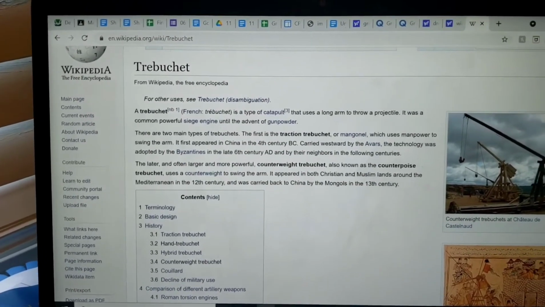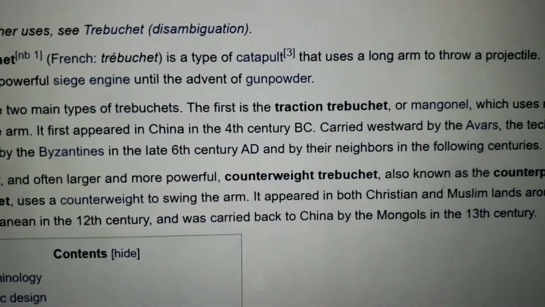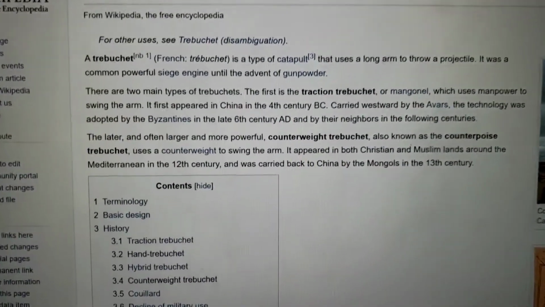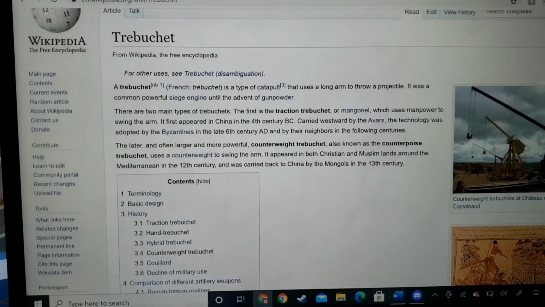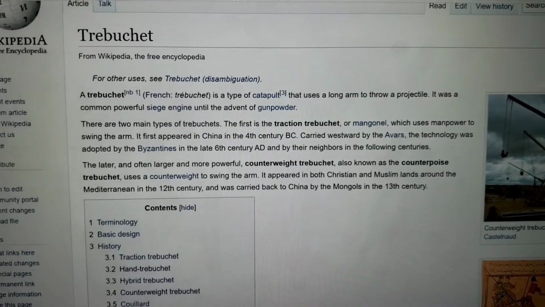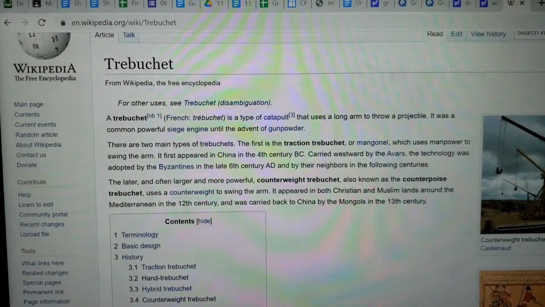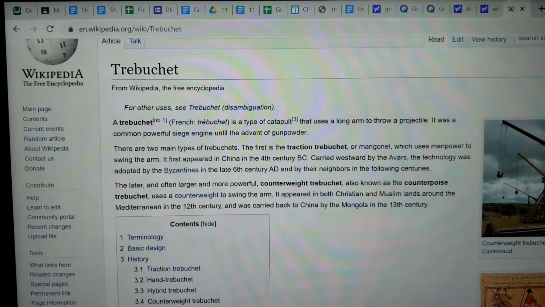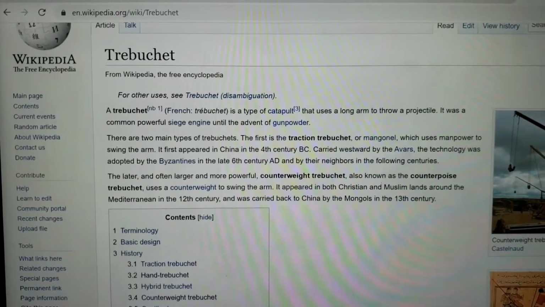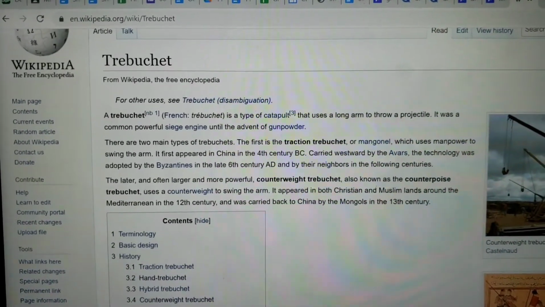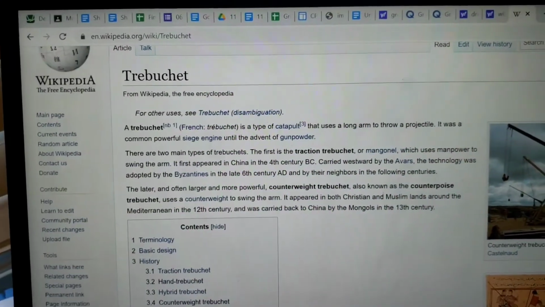Nobody knows. There's two main types of trebuchets: the traction trebuchet, which was more popular in the China times, and the counterweight trebuchet. The traction trebuchet is similar, just it uses human power to pull down to create the energy to launch the missile, whereas the counterweight trebuchet uses a counterweight and the weight falls to launch the missile.